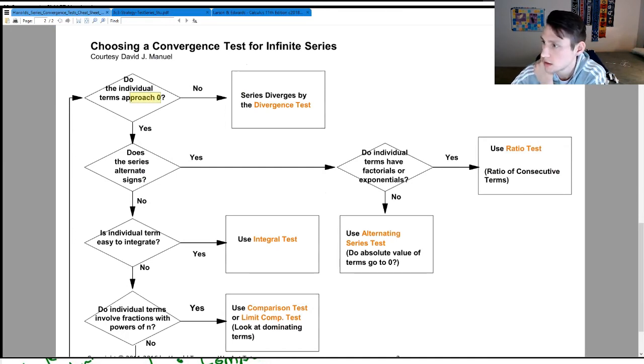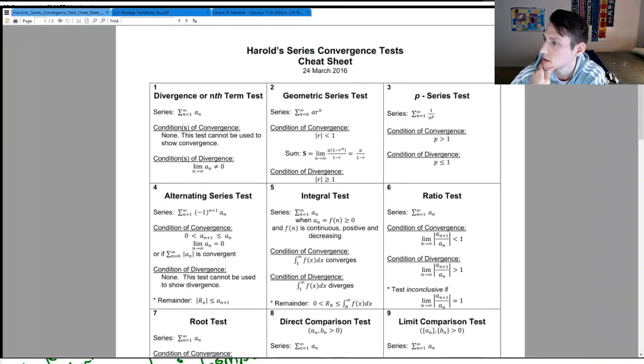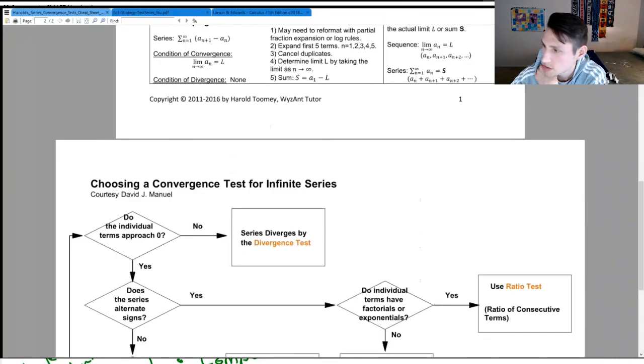So again, the first step is just do the terms approach zero. Well, no, then great. We know it diverges. Harold calls this divergence test. That's the same thing as the nth term test. He puts both names up here. Divergence or nth term test, whatever. All right, so start there.